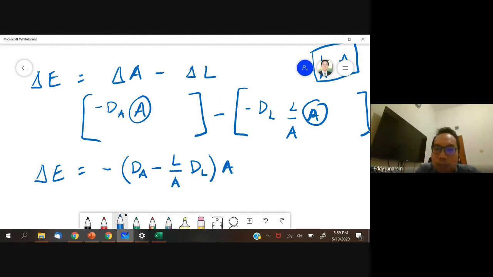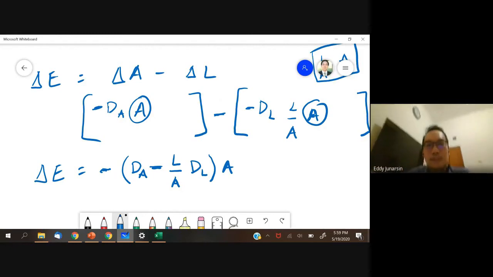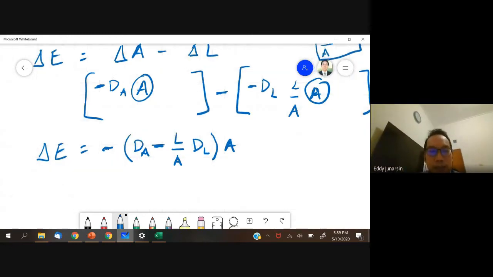But for duration of liabilities, we have L per A, so the debt ratio, right? Liabilities per assets, debt ratio. And then you see this is negative, and this is positive, right? Negative multiplied by negative is positive. So we get this formula.